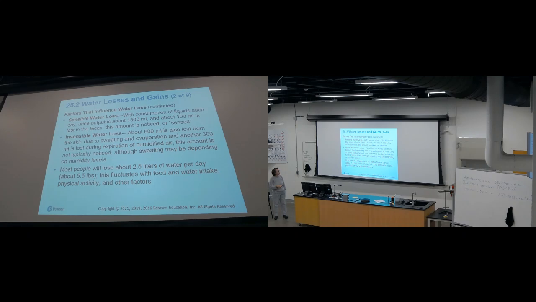This is basically the loss of water through urination of about 1,500 milliliters. So basically that's 1,000 milliliters more than the obligatory water loss, and about 100 milliliters lost in feces.